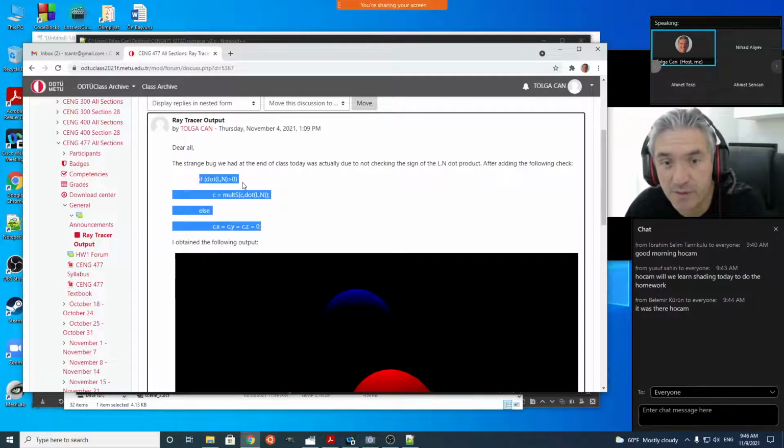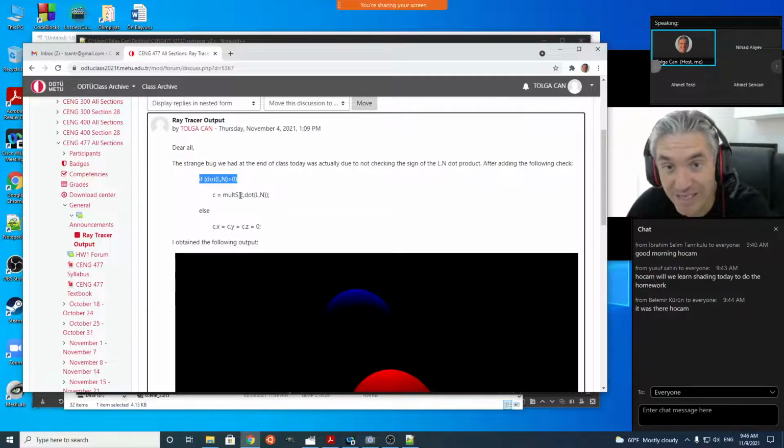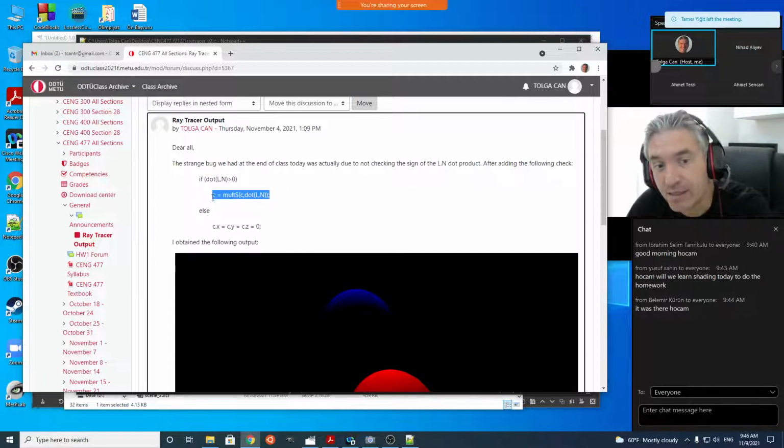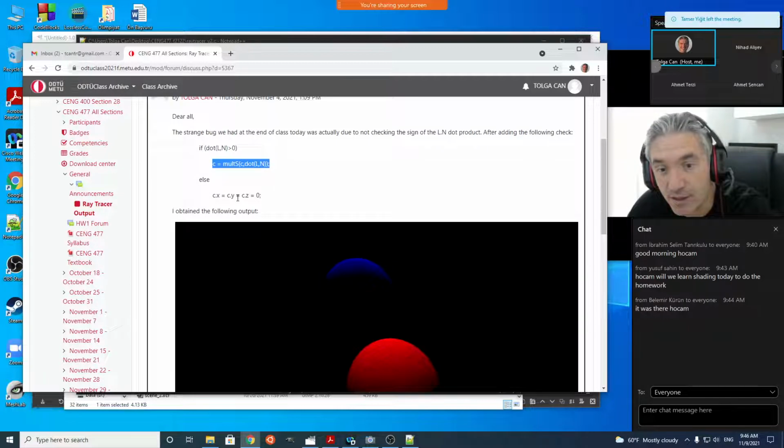The absence of this check was what caused the error. So we check whether the dot product is positive, meaning that the light ray really sees the surface point. Only in that case we add the color information, otherwise the color is black.